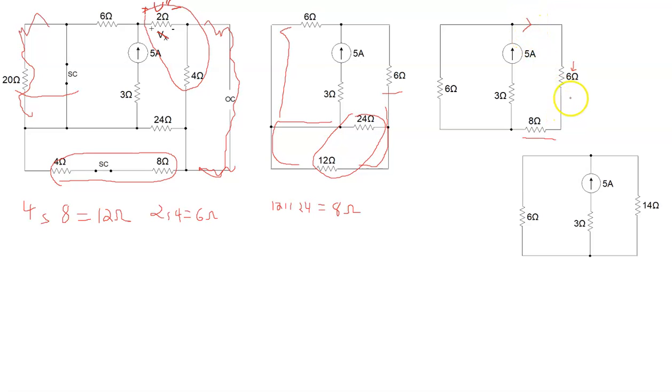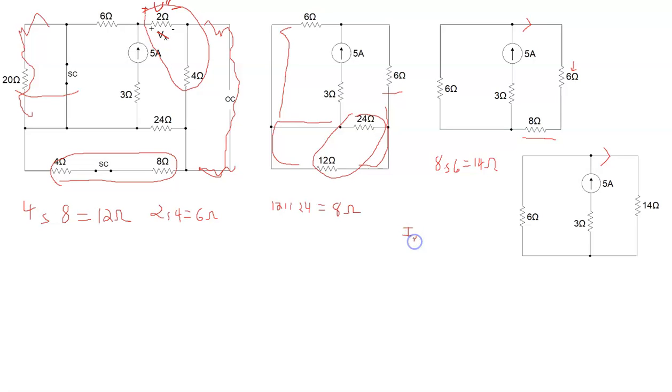Okay, so the current in this branch, we have 8 ohms in series with 6 ohms, and that gives us 14. And so you'll notice that I redrew the circuit here to show this branch, that's 14 on this side, 6 on this side. Now again, we could go through this and find RT, but we don't need to, because we're just interested in this current. And we can find it by current division.